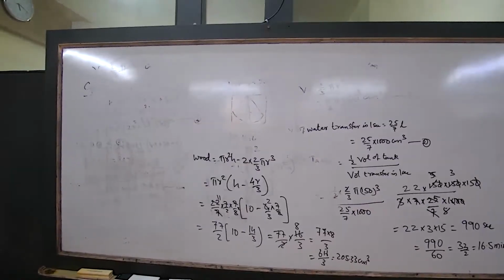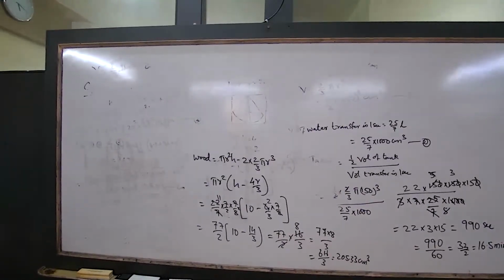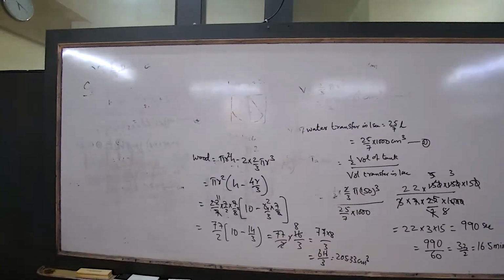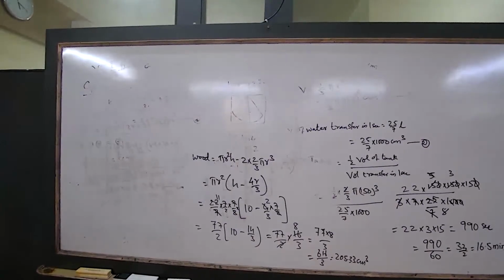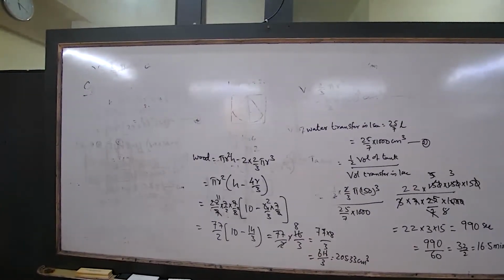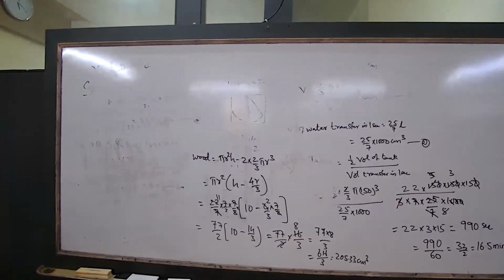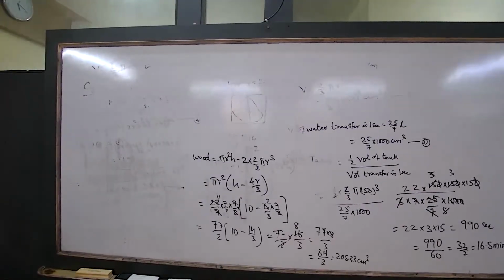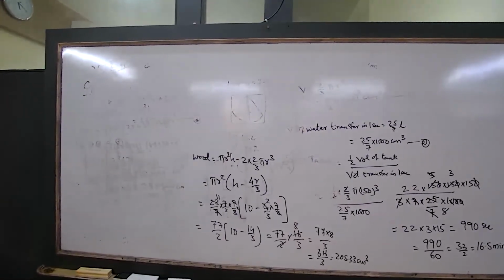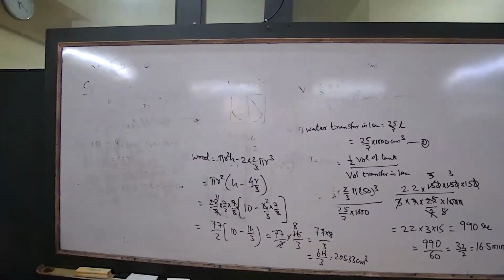Therefore, volume is equal to pi R square H, is equal to pi into 6 into 6 into 15 centimeter cube. If you want direct multiplication only, 15 sixes are 90. 90 into 6, 540. 540 pi, don't put the value of pi. 540 pi centimeter cube.